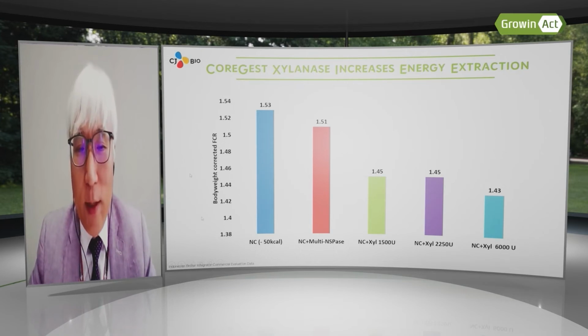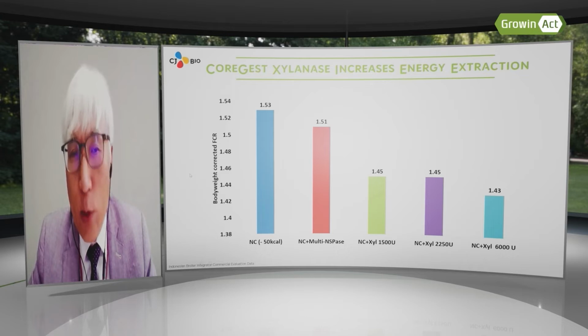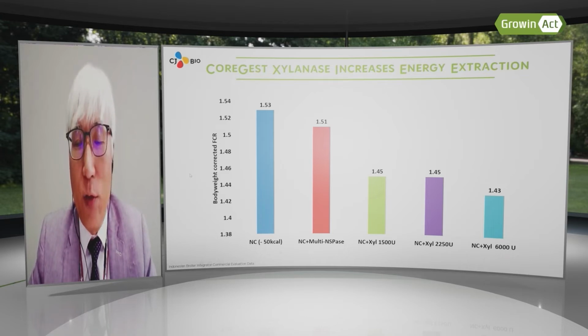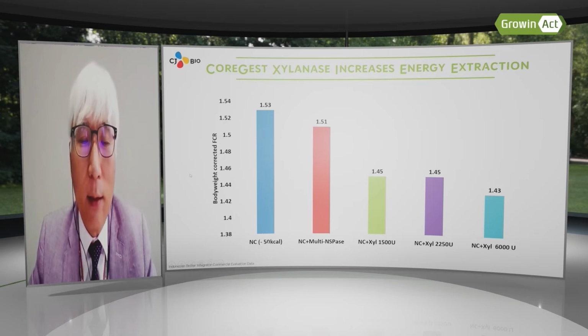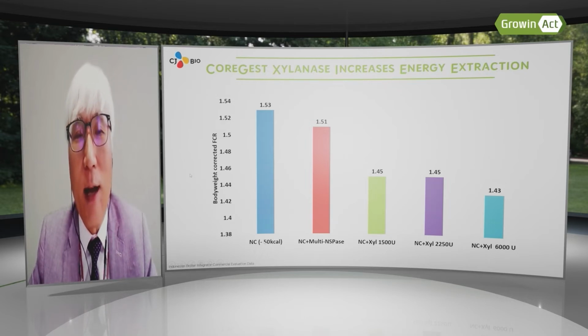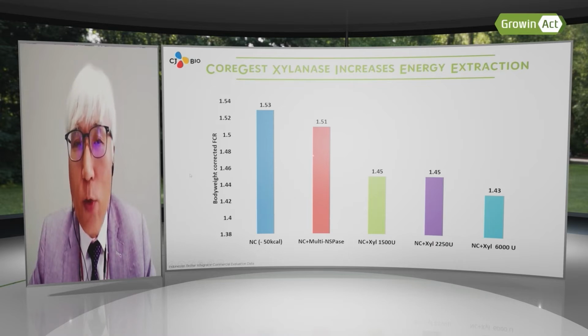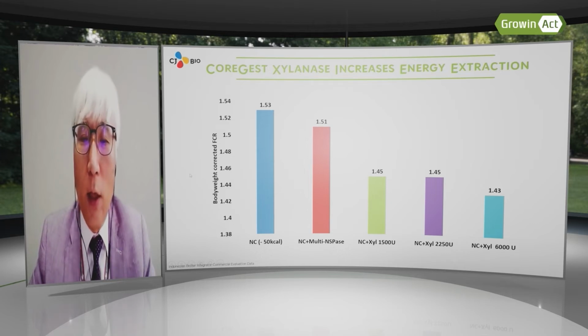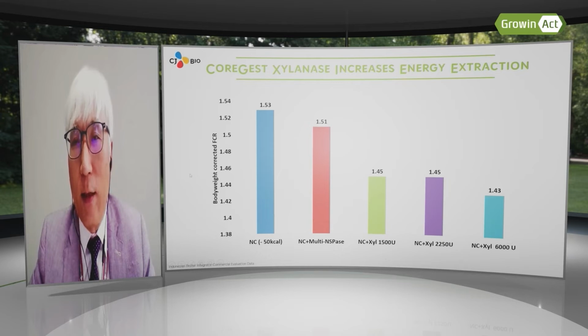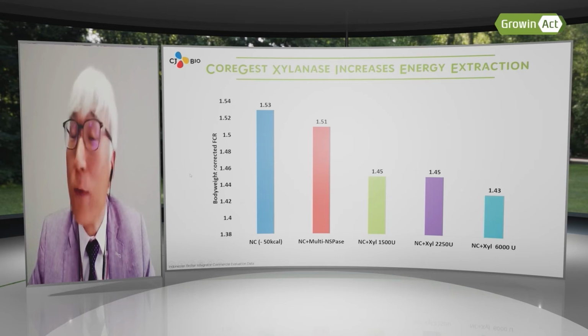And this is one of the broader studies we conducted in an integrated commercial farm in Indonesia. We asked them to take out 100 kcal of metabolizable energy, or AME, apparent metabolizable energy, in the broiler diet, but they only took 50 kcal out from the control diet. They used the multi-NSP enzyme they are currently using, and there was about a 2-point reduction in body weight corrected FCR for the whole growth period. But by adding our Corigest xylanase, there was about an 8.9-point reduction in body weight corrected FCR.